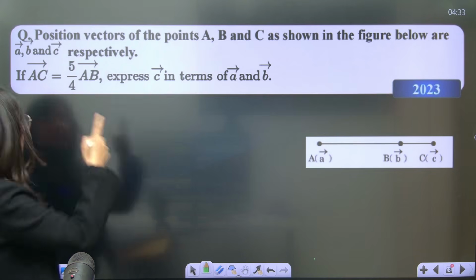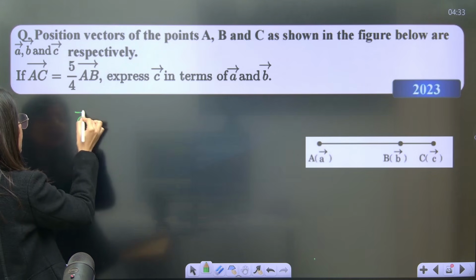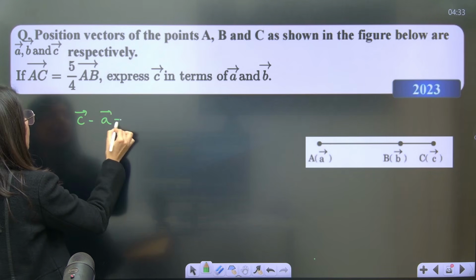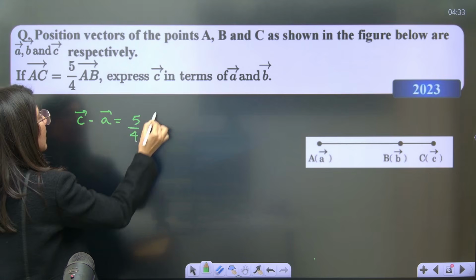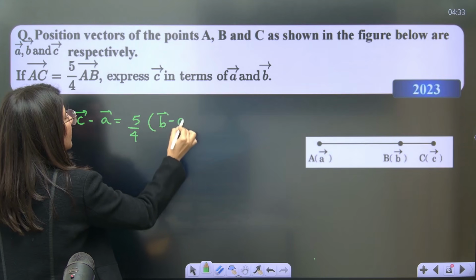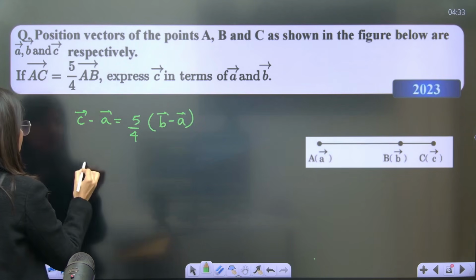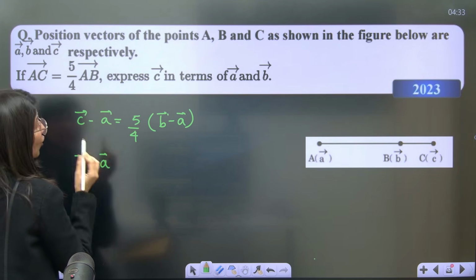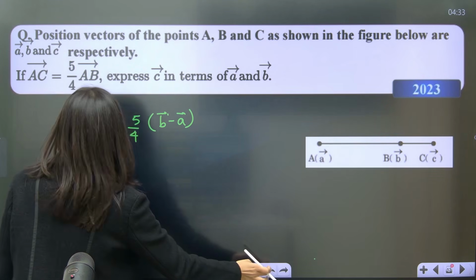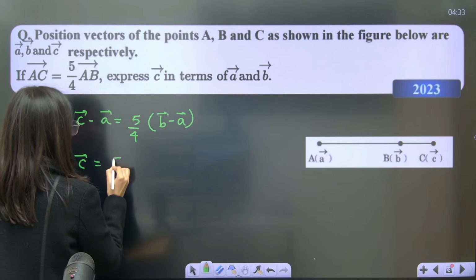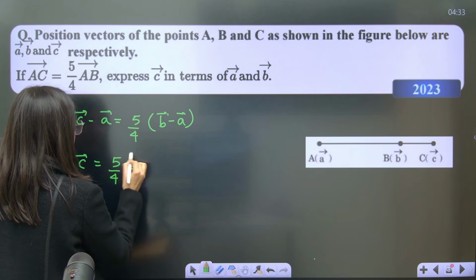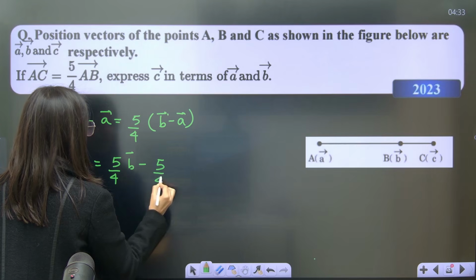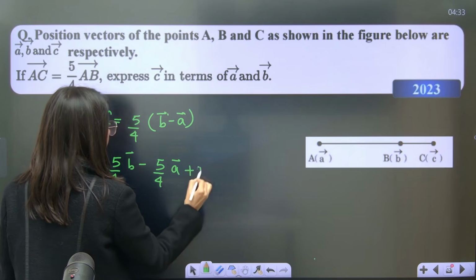Remember, the position vector AC will be C vector minus A vector, which equals 5 by 4 times the AB vector, which is B vector minus A vector. What do you want? You want the C vector. So C vector equals 5 by 4 B vector minus 5 by 4 A vector plus A vector.